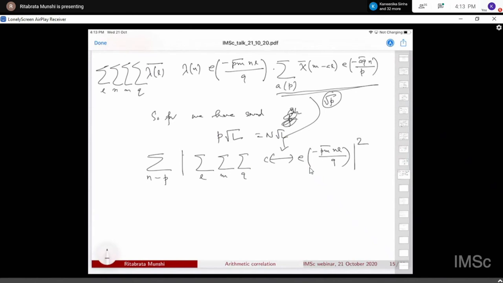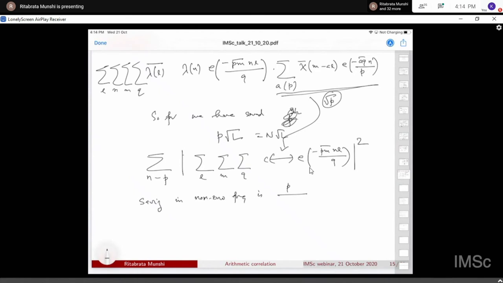When you apply Poisson, there are two things. One is the zero frequency, which will reflect the diagonal contribution, and there is the non-zero frequency. The saving that you get in the non-zero frequency is the initial length by square root of the conductor.